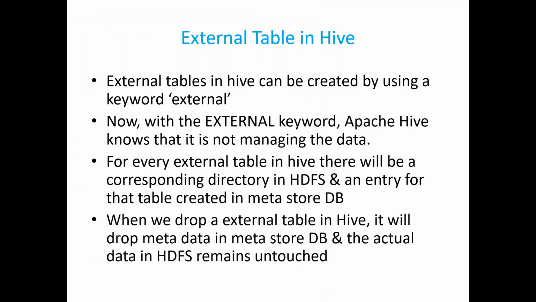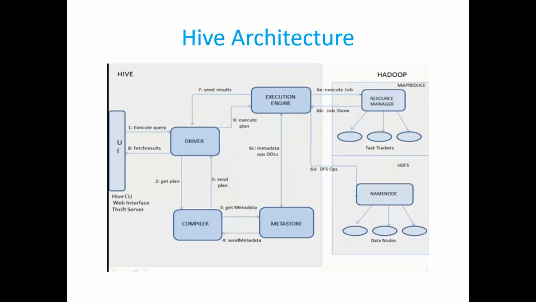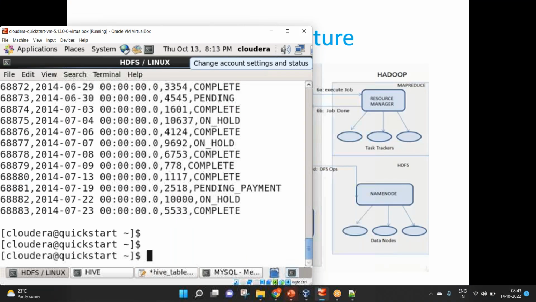Again, the parse exception is actually coming from your compiler. The first point of contact when you run your Hive queries is the driver. Driver will send it to the compiler. If there are any syntax problems, immediately the compiler will throw a parse exception and the query will fail. And that's what is happening now. The query is not correct syntactically, so it is failing.